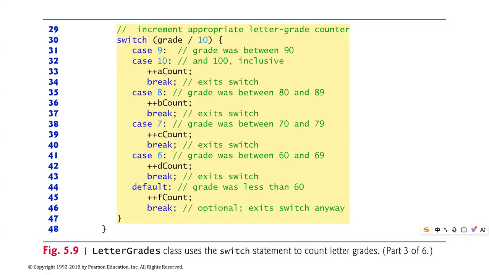If the grade over 10 is 9, that means the student is getting grades of 90 something, and then it will execute the block 9. However, in this case, nothing should be executed there. So the code will fall through to case 10.